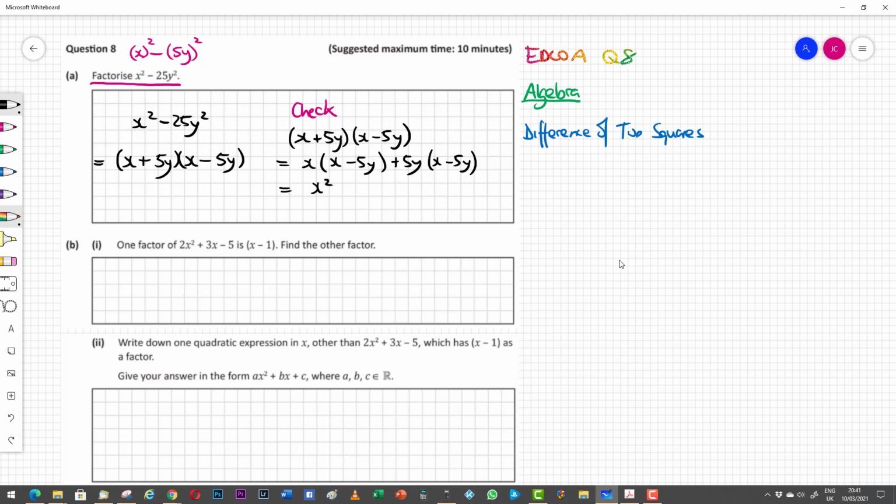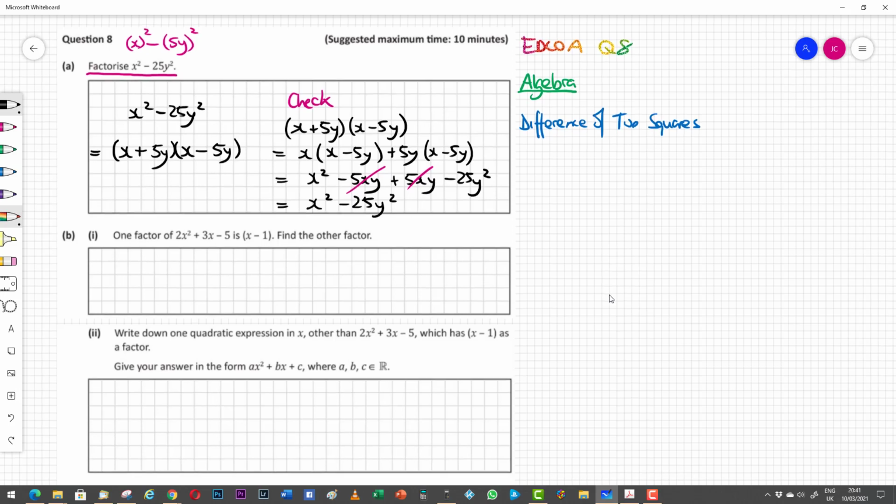That's equal to x squared minus 5xy plus 5xy and then minus 25y squared. And we can see that the minus 5xy cancels with the plus 5xy to give us x squared minus 25y squared. And it just shows that our factorization was correct.